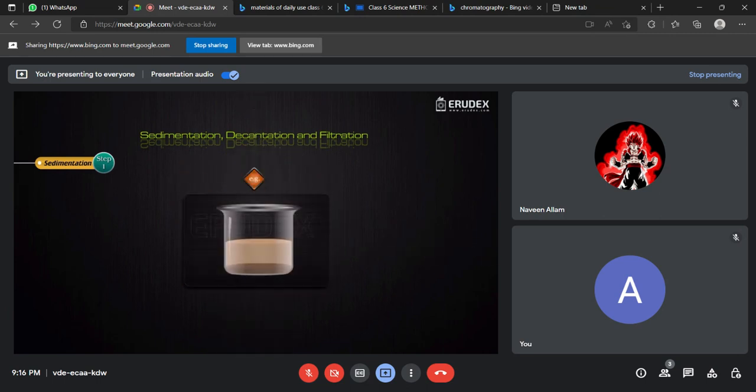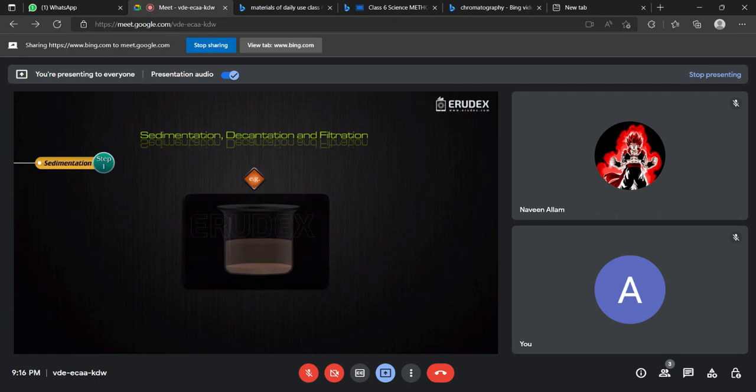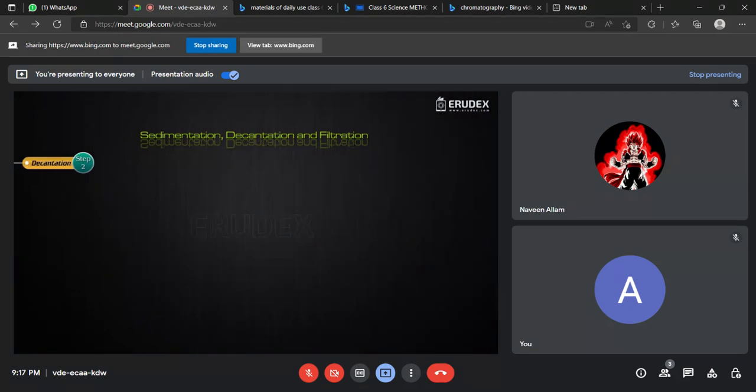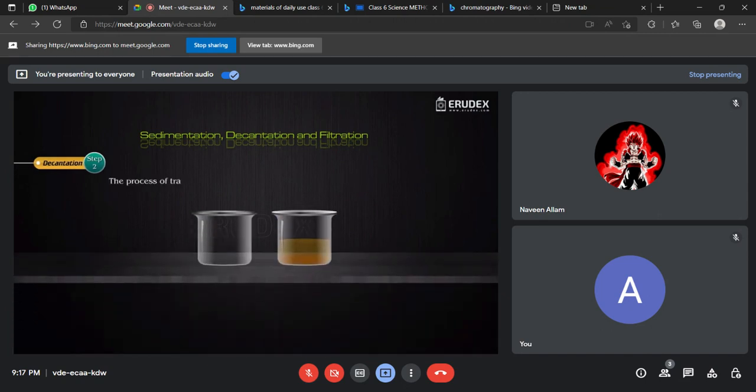Example, when muddy water is allowed to stand for some time, mud and sand particles settle down as sediments. The clear water is obtained as a supernatant. The process of transferring the clear liquid without disturbing the sediment is called as decantation.